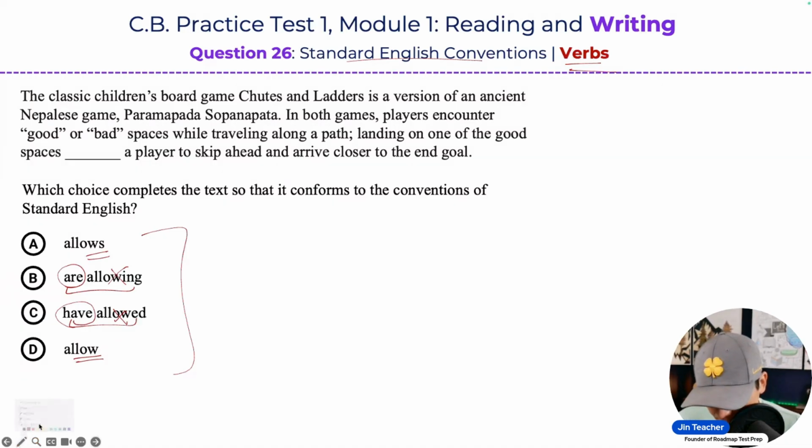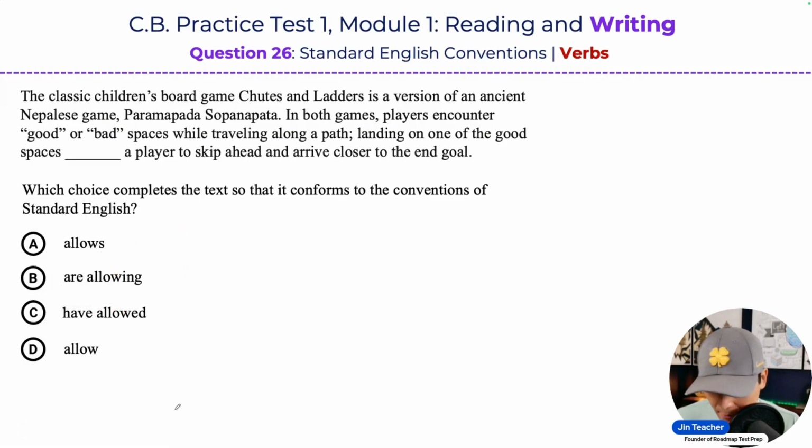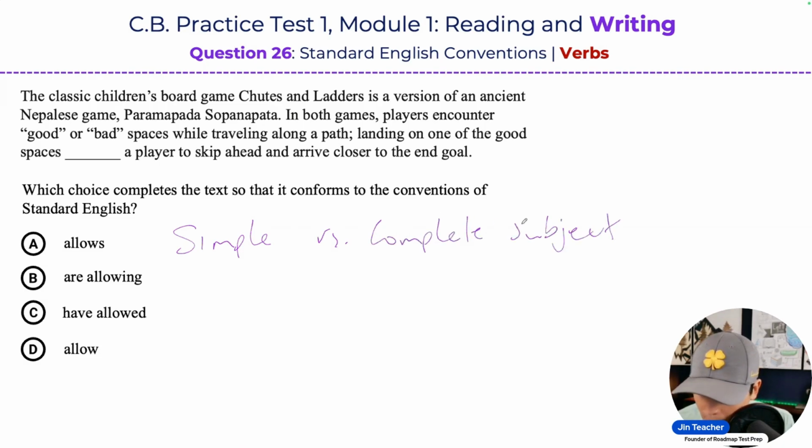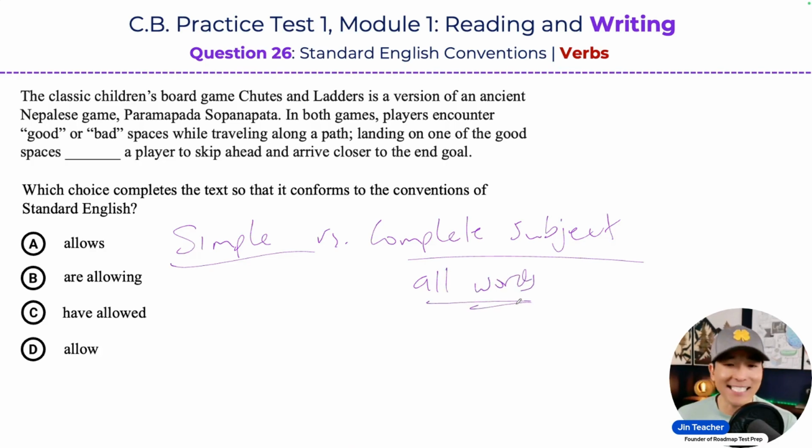The second thing that's really important to know is that you have to know two grammar concepts. You have to know the difference between what's called a simple subject and a complete subject. So just briefly explaining, a complete subject is basically all of the words that make up the entire subject in a sentence.